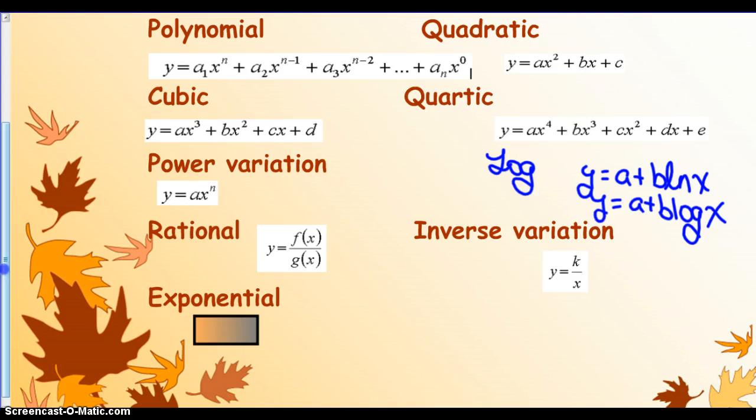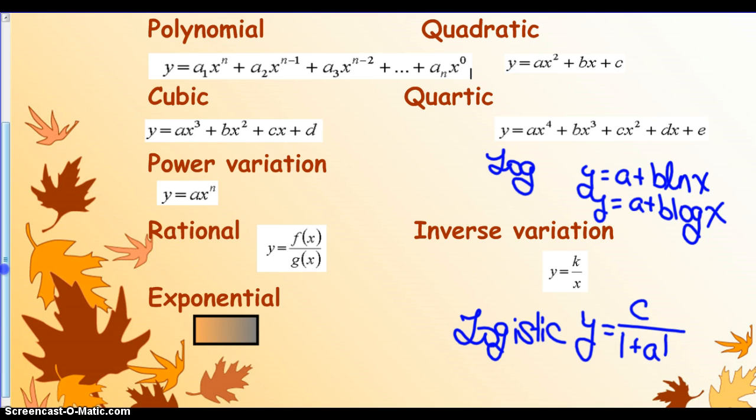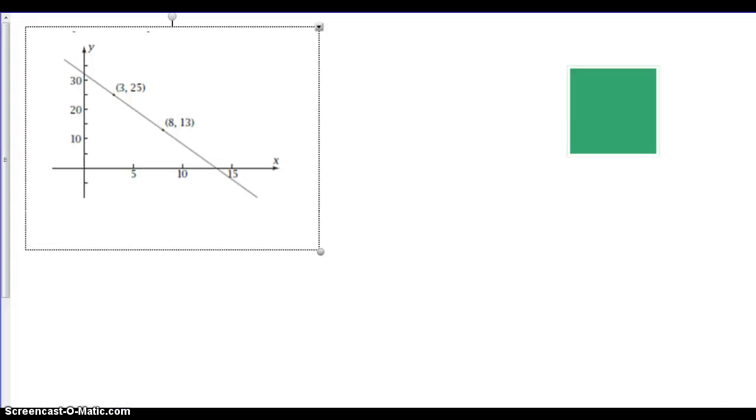So a logistic, L-O-G, okay, is c over 1 plus ab to the negative x. So in past classes, you have used regression to be able to solve these. What we're going to be looking at now is first identifying types and then going through and solving them.